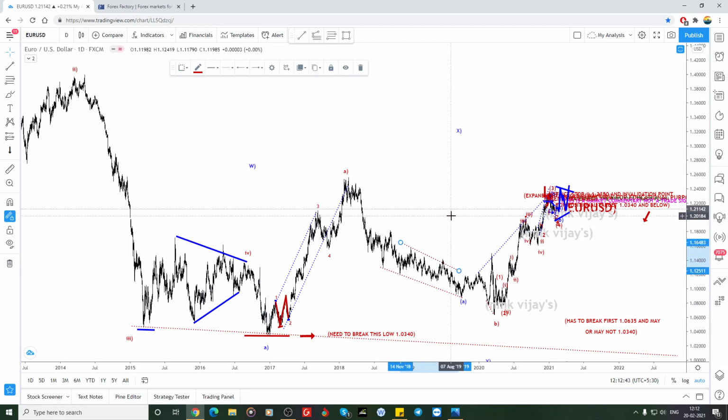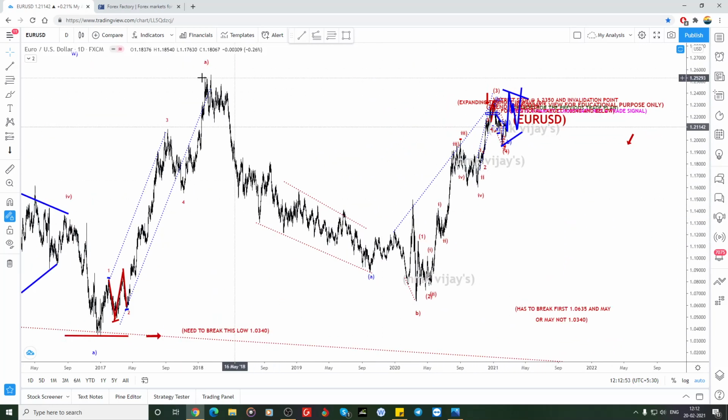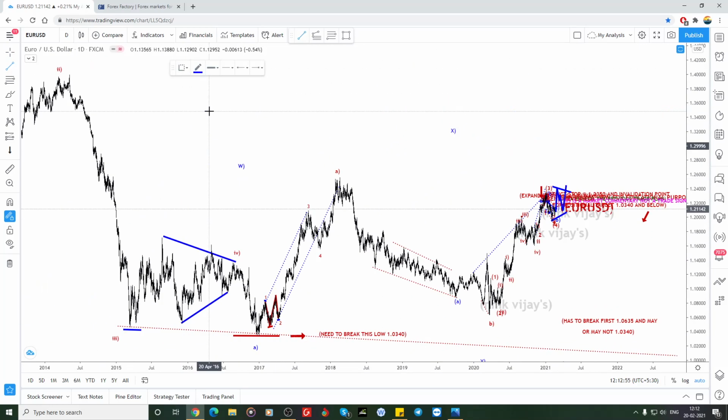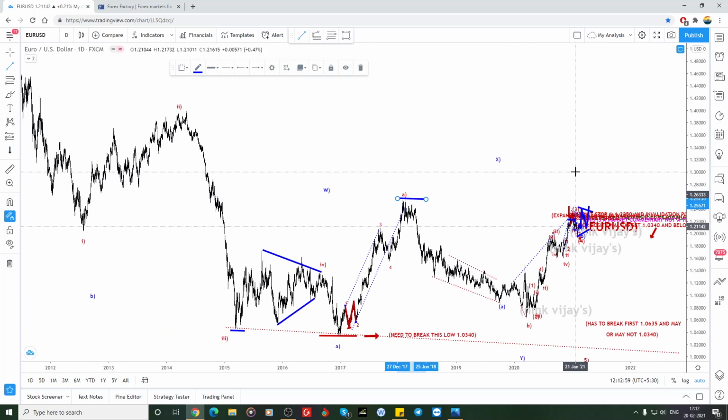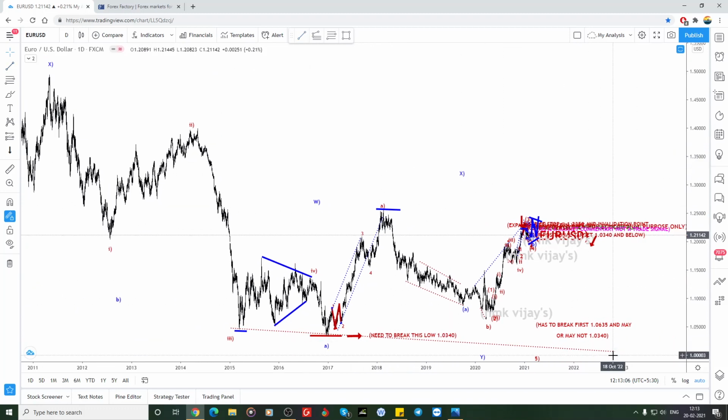label that. That's it. So now the A, B, C, W, X, Y is completed. So A, B, and we are in that C wave. To end that, it has to break the high, this one. Once it has ended, so this is the A, so B and C has to come downside.